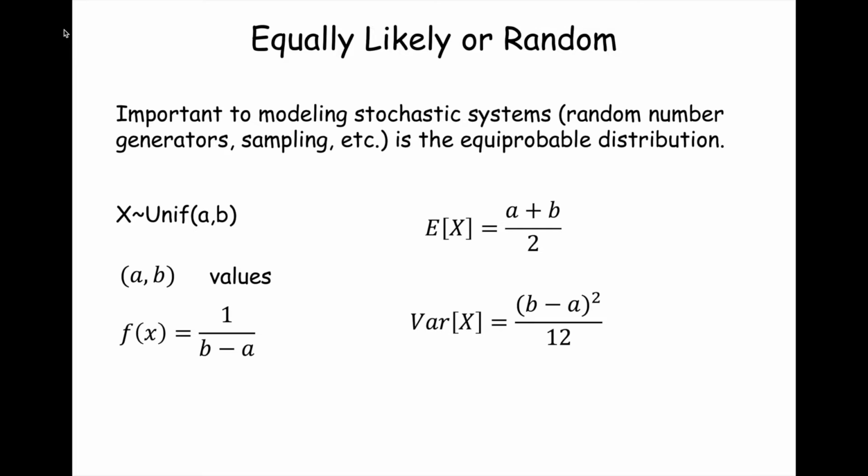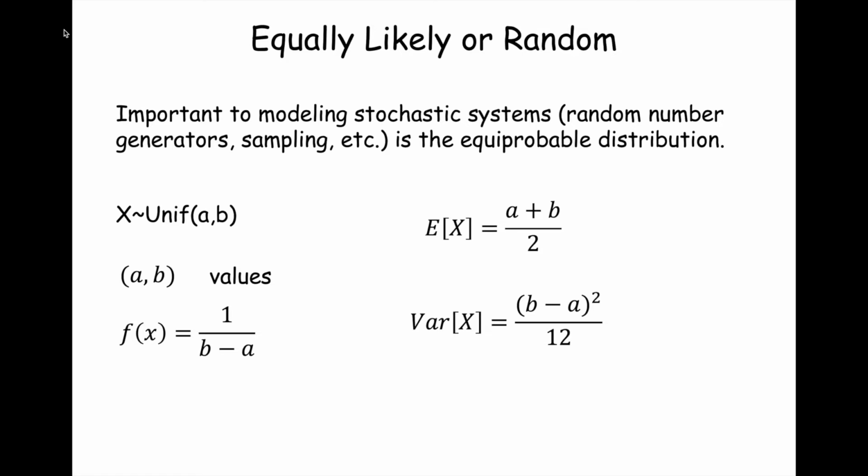Now, for the probability P of x, we're going to substitute the density function f of x for our uniform distribution. So then we would write the integral between a and b of x times 1 over b minus a dx, where this 1 over b minus a is our density function for the uniform.